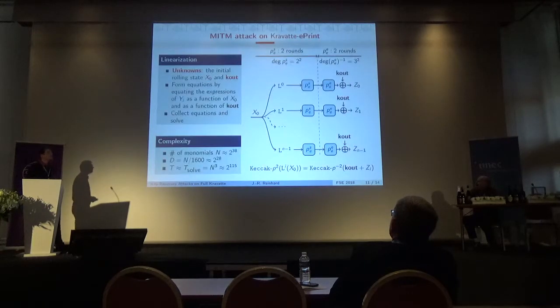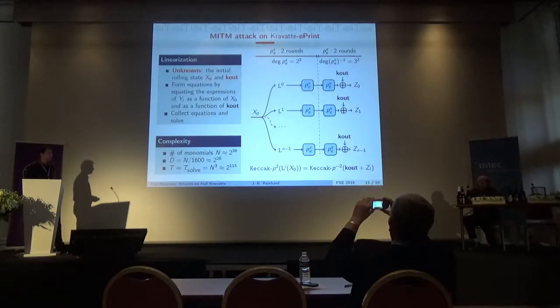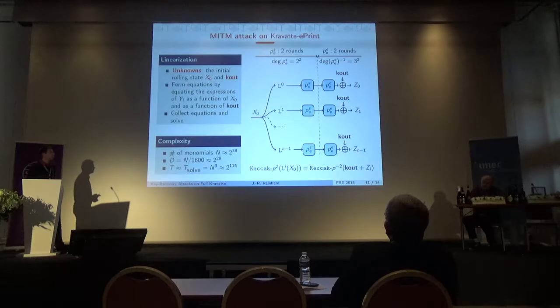The first one is a kind of meet-in-the-middle algebraic attack. The idea is to consider the accumulator state as an unknown, and also the key out as an unknown. So you have 2 unknowns here and here.